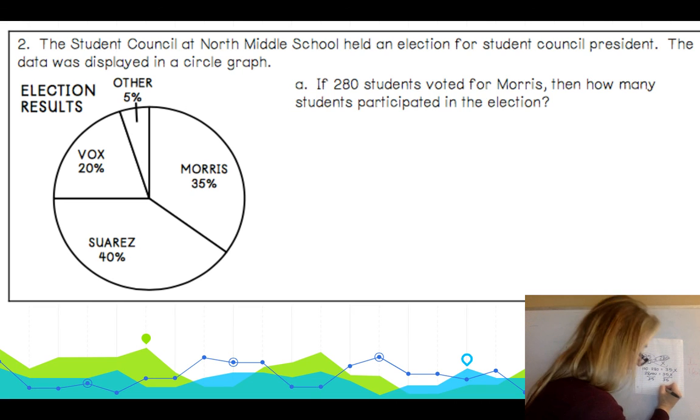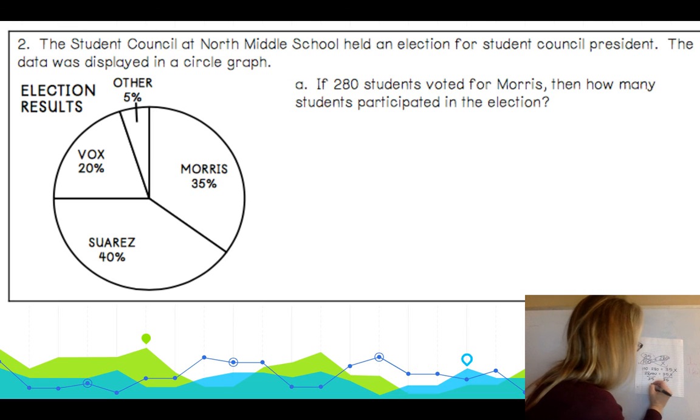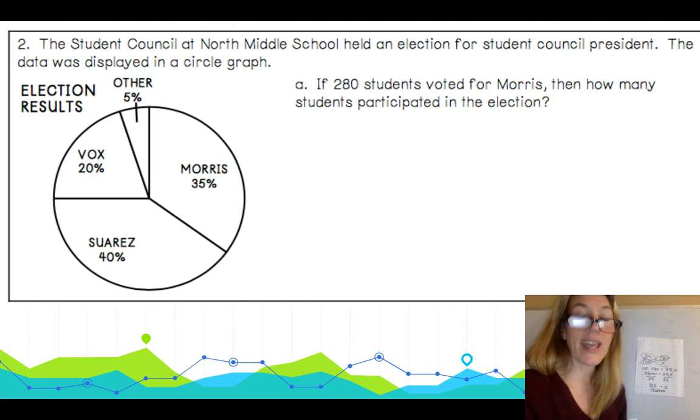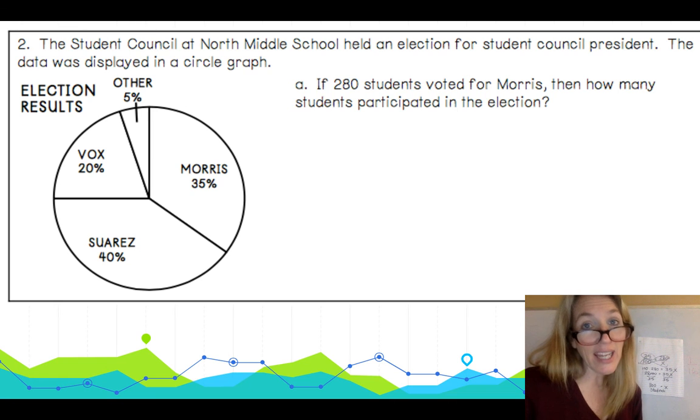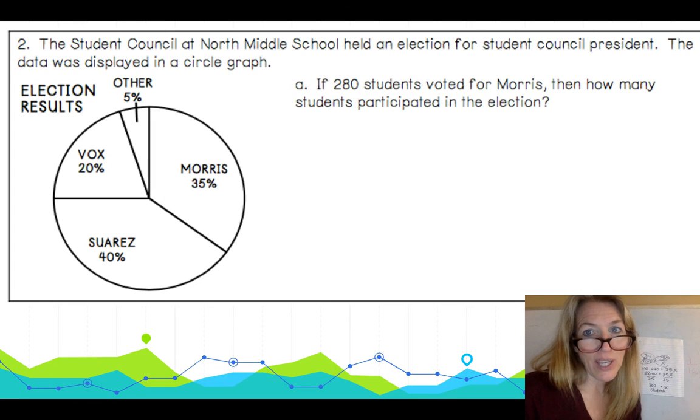And when I do that, then I simply get that x equals an even 800. Okay, so that means that 800 total students were a part of that voting process at the election, and 280 of them voted for Morris.